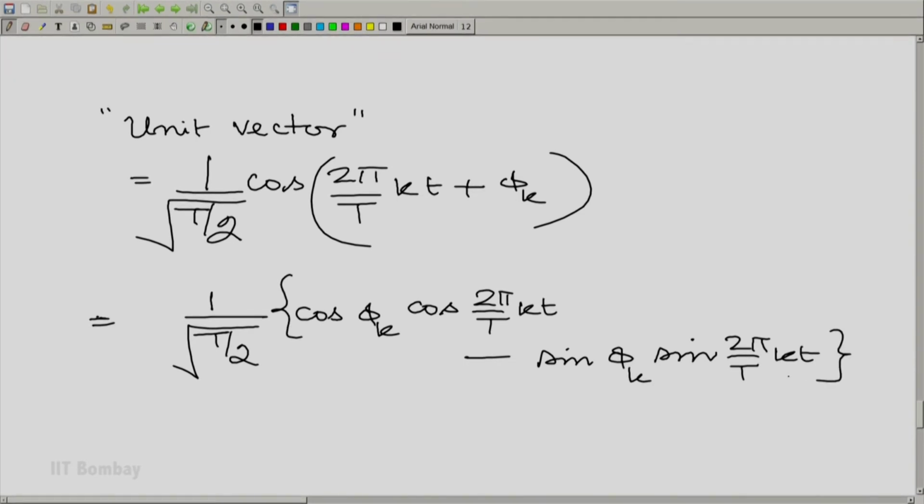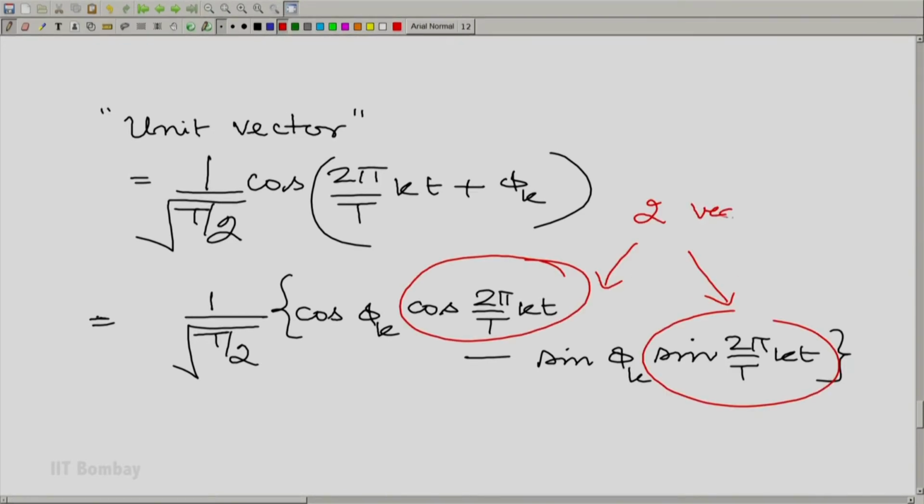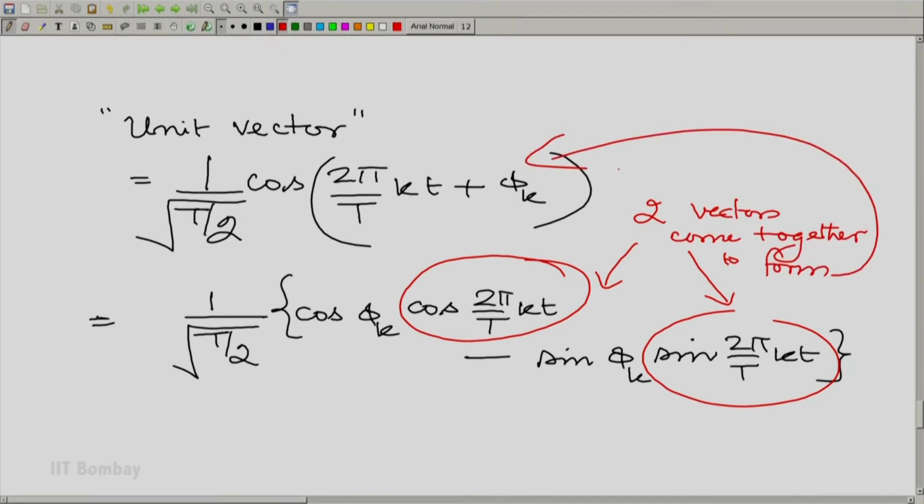It is interesting, I actually have two vectors, not one, which come together to form the space spanned by this unit vector, and those two vectors are the cosine and the sine components. These are the two vectors which come together to form this sinusoid.